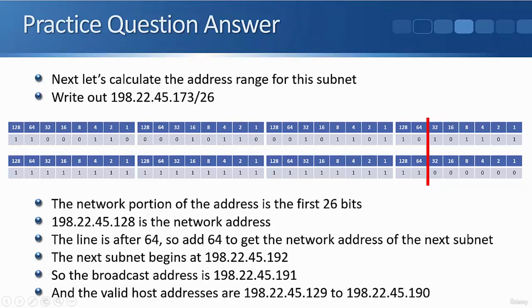It's going to be 191. So there, I've figured out my network address is 128. I figured out that my broadcast address is 191. The available hosts must be everything in between. That would be 198.22.45.129 to 198.22.45.190.